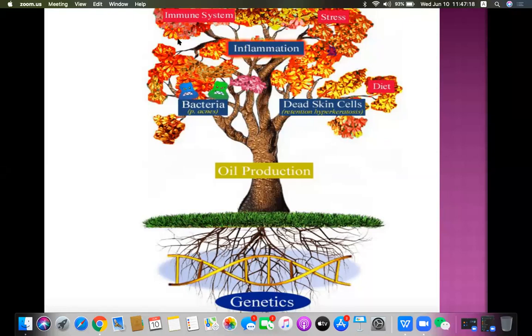At the same time, if the immune system of the patient is a bit weak and the patient is under a lot of stress, that helps in the development of acne. Most of the factors are described as a tree, so we can easily call it the acne tree, which will tell us about the etiology as well as pathogenesis of acne.